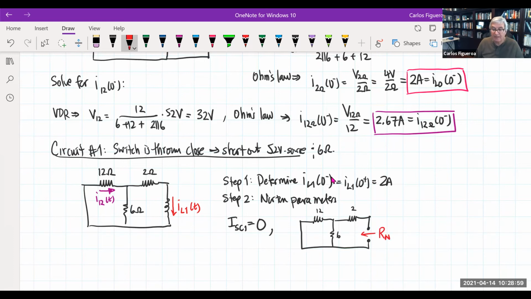So you can see that I'm going to have 2 parallel to 12 and 6. And so if I write this out, I'm going to get 2 plus 12 parallel to 6. And we know that 2 parallel to 6 should give you 4. 4 plus 2 gives you 6 ohms. So now I know my Norton current.